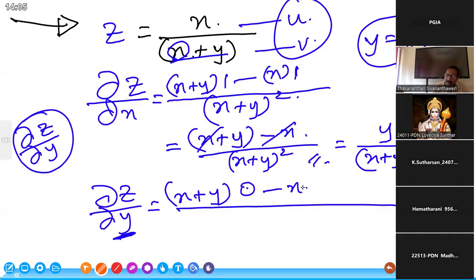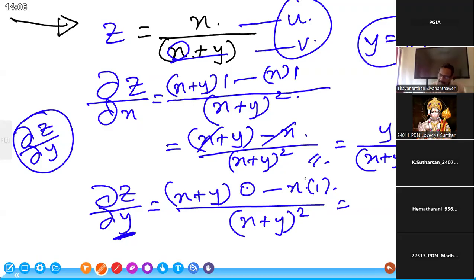So x into the derivative of v, x plus y with respect to x, that is 1, divided by (x plus y) whole squared. Right? So what is the final answer? Minus x over (x plus y) squared.